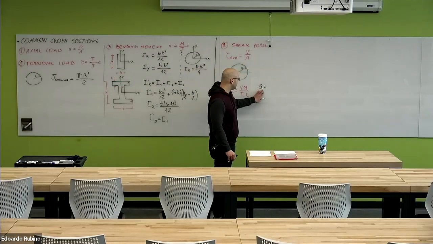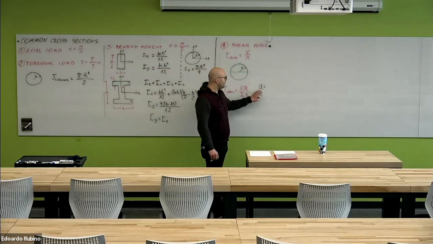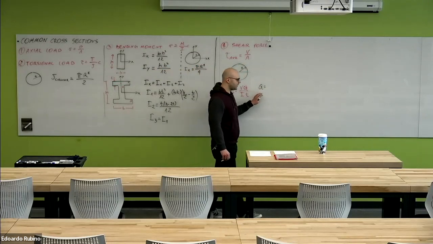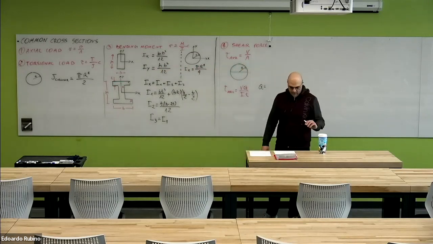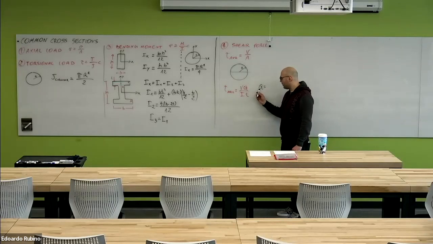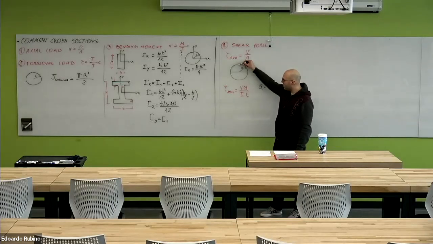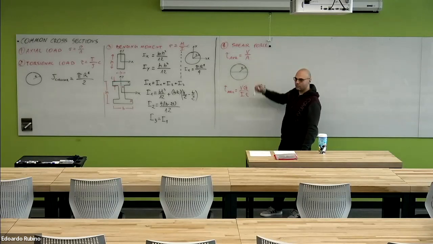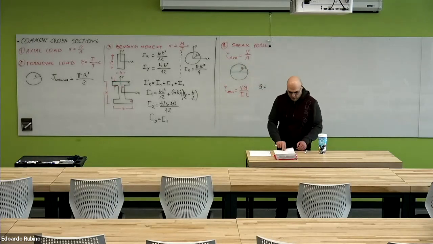So the static moment again is a product between a certain area and a certain distance. In particular, the area would be the area of the portion that we are considering. So in this case it would be half of the circle.